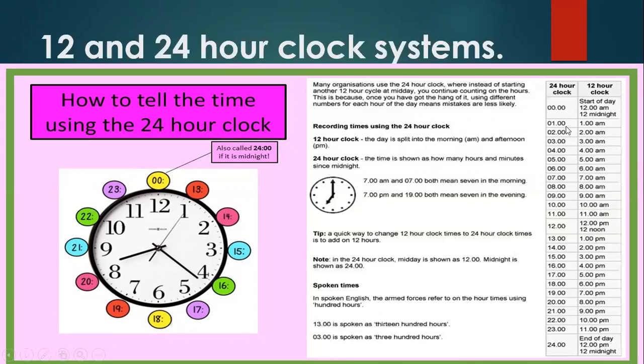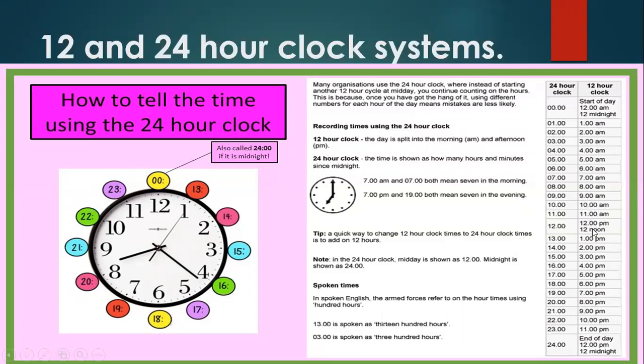So if you look at the table here, the day starts at midnight, that is 00 hours. Then 0100 hours is the same as 1 a.m., meaning 1 hour has passed since midnight. Then you continue. When you reach midday, here is where you'll get the difference.